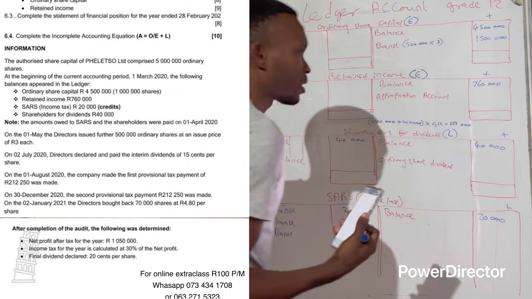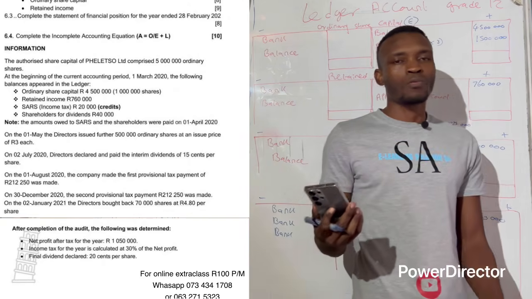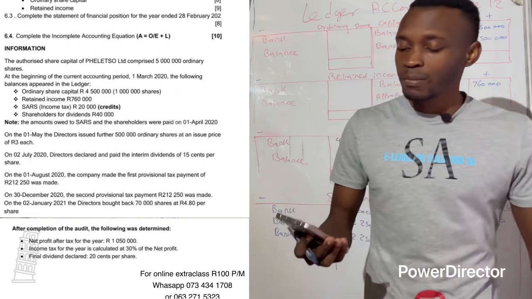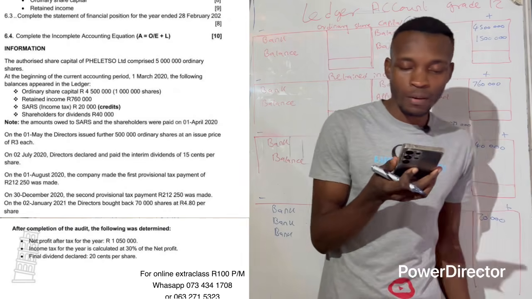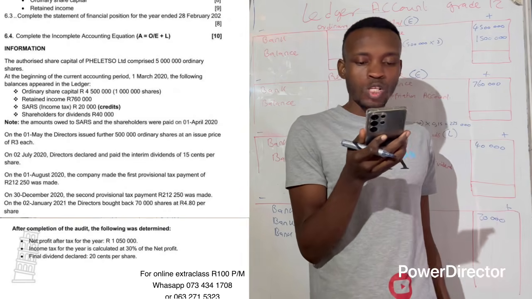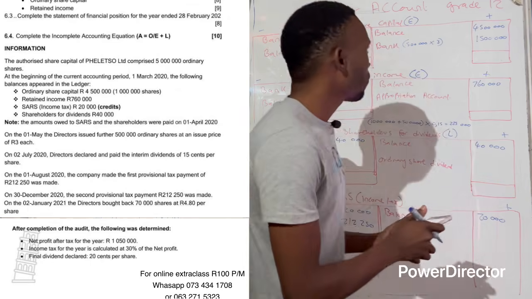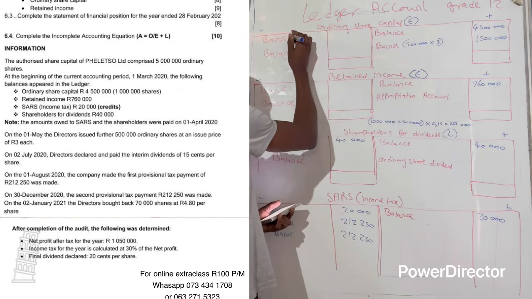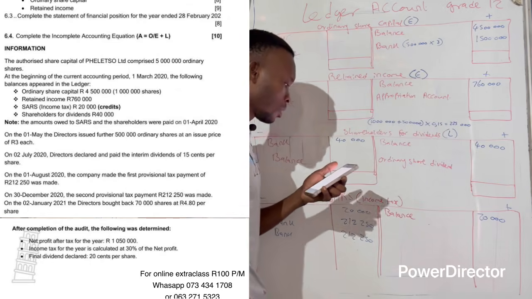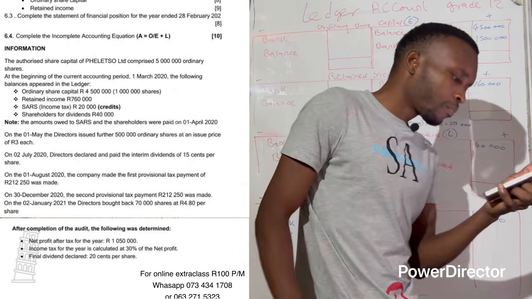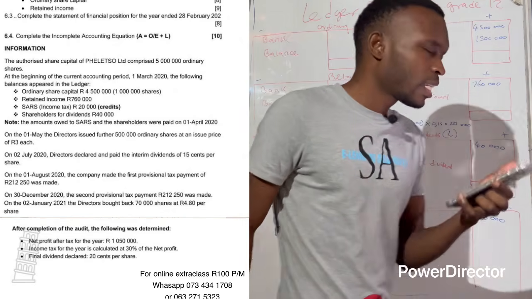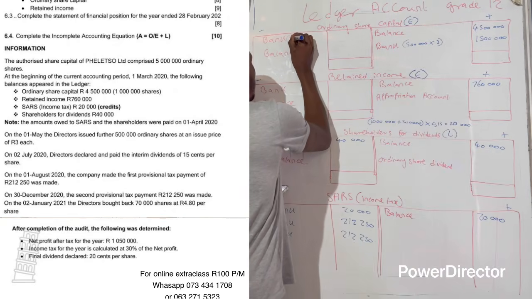To buy back the shares from those angry shareholders, or maybe the shareholder has died, something like that, for any other reason, but the procedure is going to be the same. So, which means that we have to remove those shareholders here and pay them their money. Okay, let's check. How many shares were bought back? 70,000.